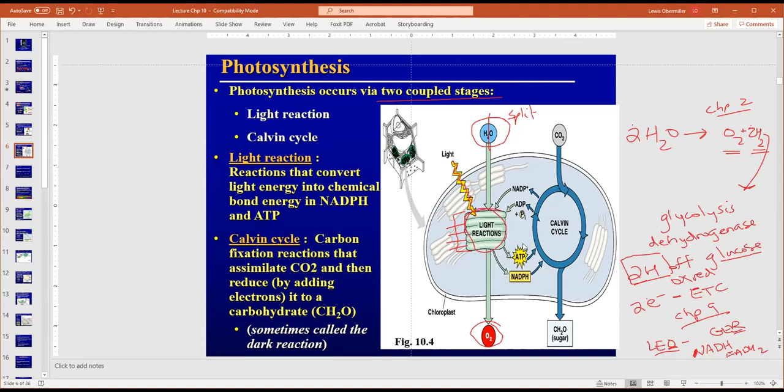During the light reaction, we produce ATP. Remember, when we were doing glycolysis, we produced ATP, and then we also produced an electron carrier called NADH. This is a little different in plants. It's called NADPH. Why do you think it's called that? Ribophosphate.